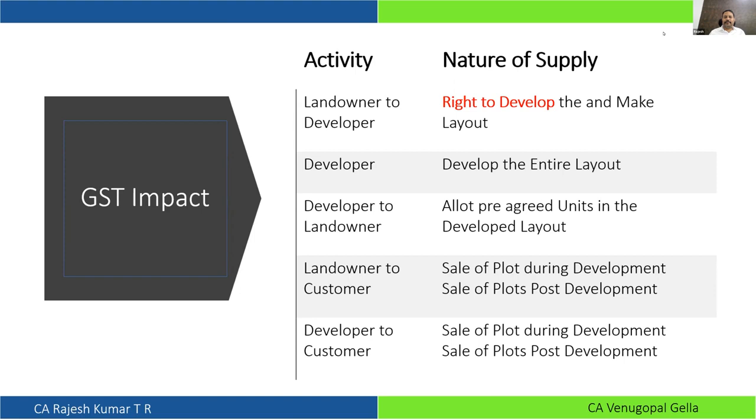Okay, great. Thank you. So the points which Rajesh sir has mentioned in this slide, in fact, sir has covered all the aspects, but for the benefit of others and my own benefit, I have further split it activity-wise so that we can look into and take questions on each activity, what happens.